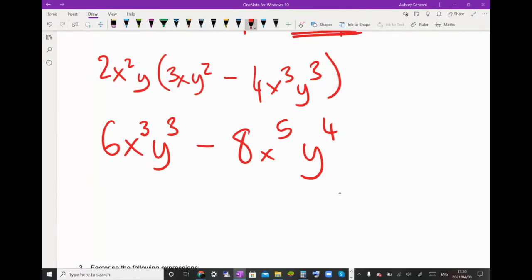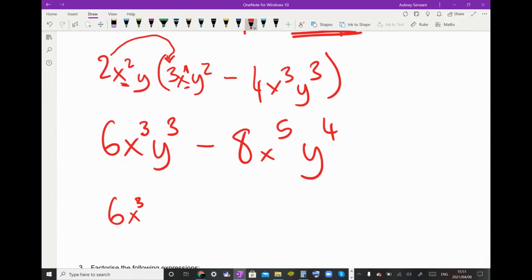We simply said 2 times 3, which gives us the 6. Then we said, we've got an x here to the power 2, and we've got an x here, which is in effect to the power 1. So this x to the power 2 becomes x to the power 2 plus 1, which gives us x to the power 3.